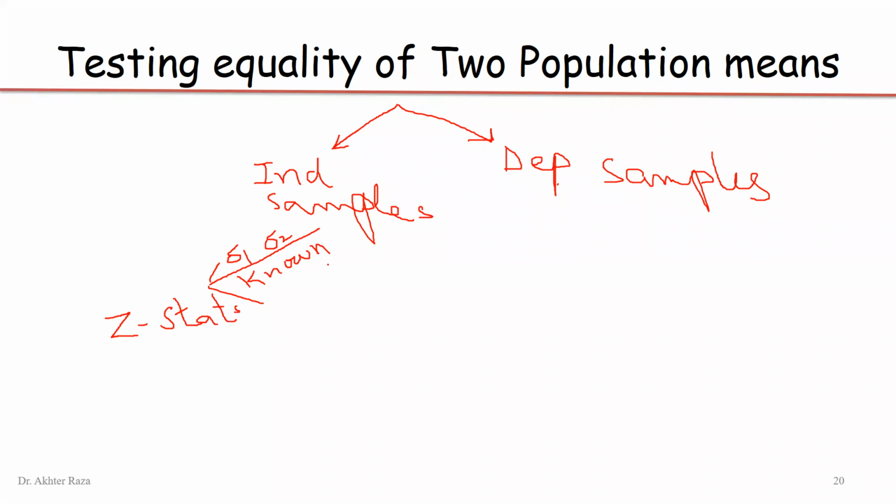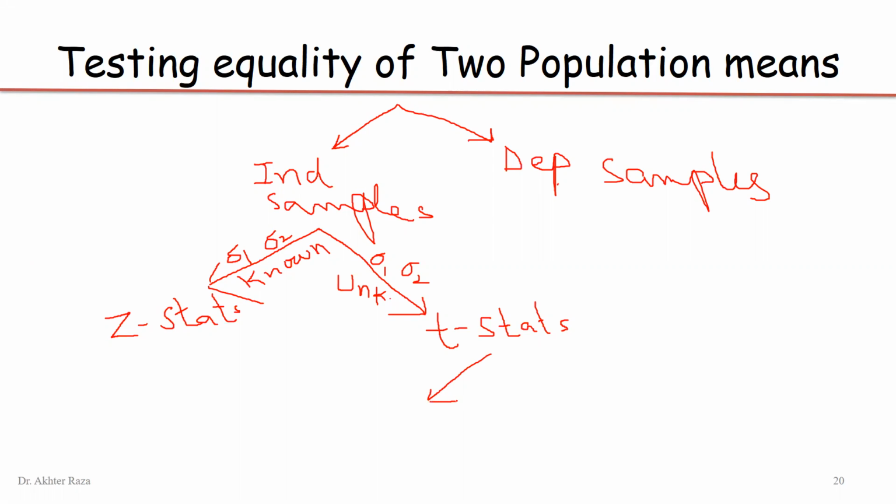If population standard deviations, sigma 1, sigma 2, are unknown, then we can have two further procedures. These are the T procedures, T statistics. These two procedures are further split into two segments.